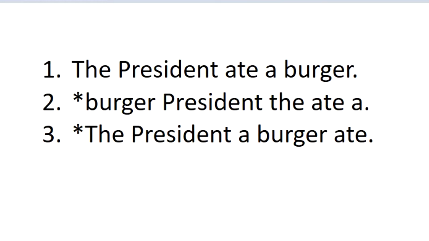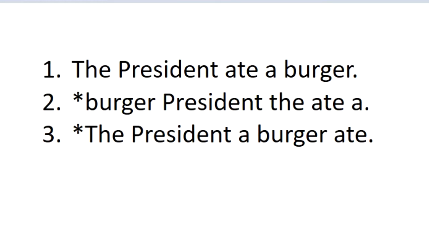So the contrast between the first and the third sentence shows that in English, the word that denotes the activity of eating must precede the word that refers to the entity that was being eaten. In this example, we have the burger.